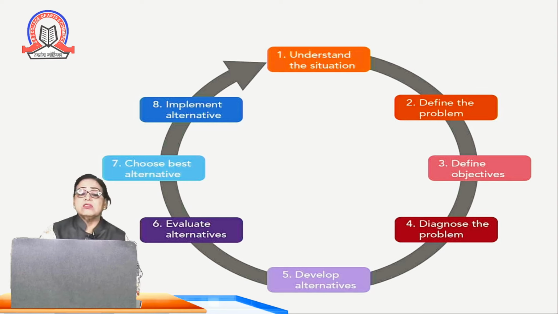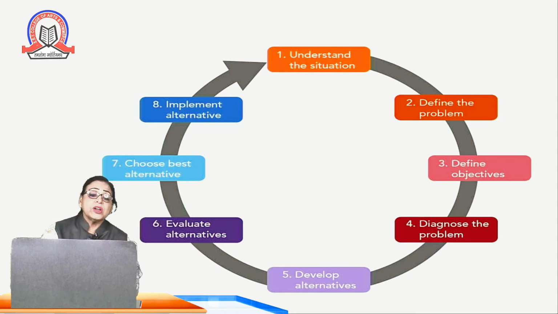Next step is evaluate alternatives. After we develop various alternatives, it is our foremost, important duty to evaluate whatever alternatives we have generated or studied. Evaluation refers to every single alternative being taken critical care of.